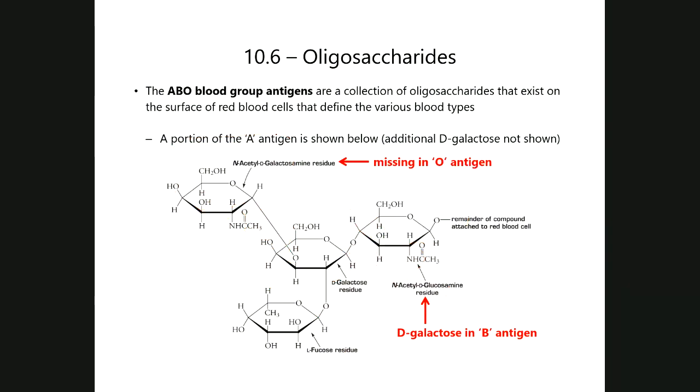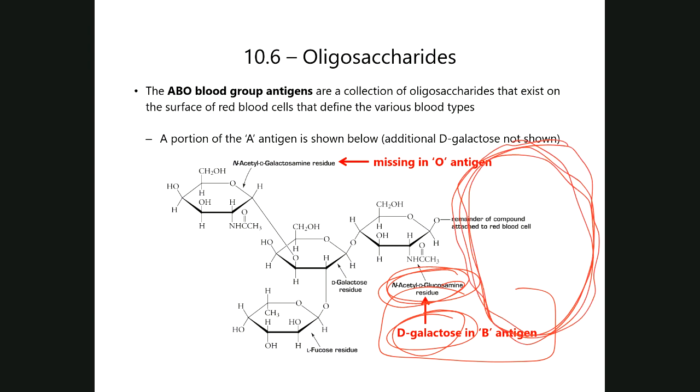So just FYI, if you are B type, then this here, instead of being N-acetyl glucosamine, it's actually galactose. Okay, so that's what makes the difference for that one. So depending on if you're A, B, or O, that's what the structure looks like. This is actually bonded to a protein in the red blood cell, right?